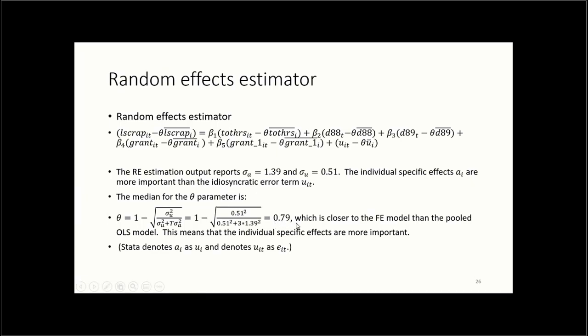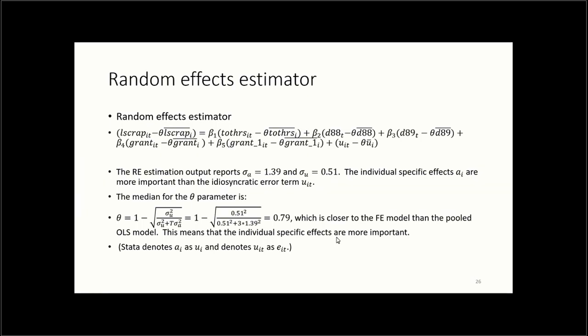So this 0.79 was actually the median theta, and that would be closer to the fixed effects model than the pooled OLS model. So this number again is much closer to 1 than it is to 0.